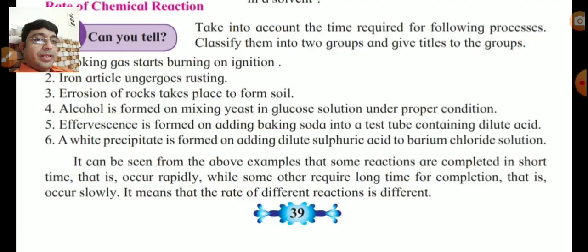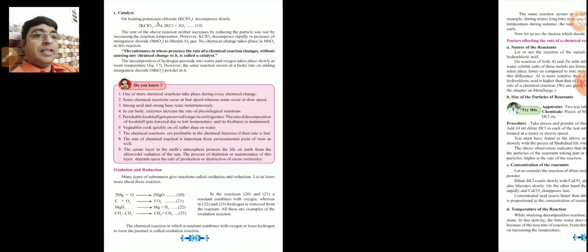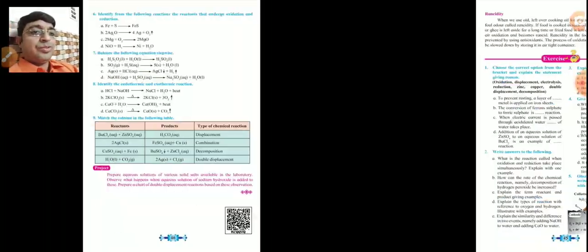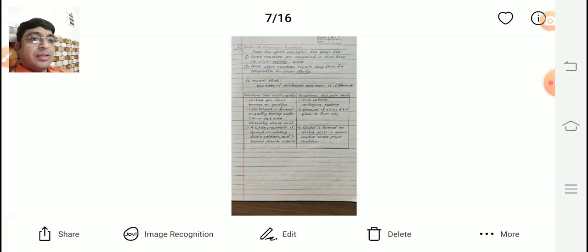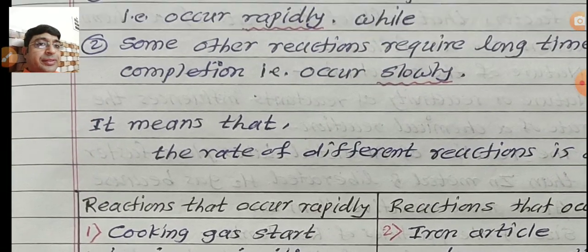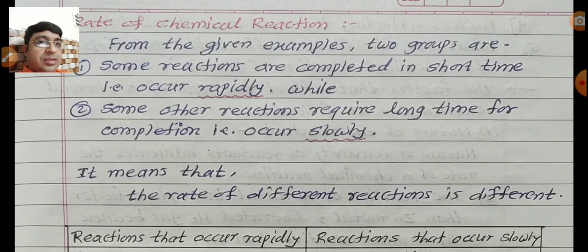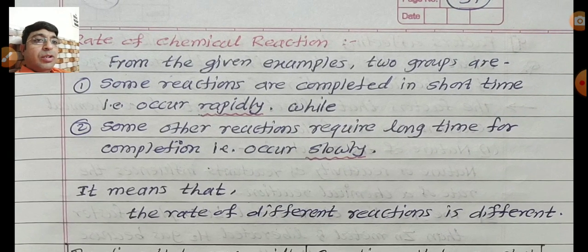So we have classified all these 6 examples in this way in the form of columns. Now check on the paper. See here. Which are of those two types? From the given examples, we form the two groups: some reactions are completed in a short time, that is, occur rapidly, while in the second group, some other reactions require a long time for completion, that is, occur slowly.